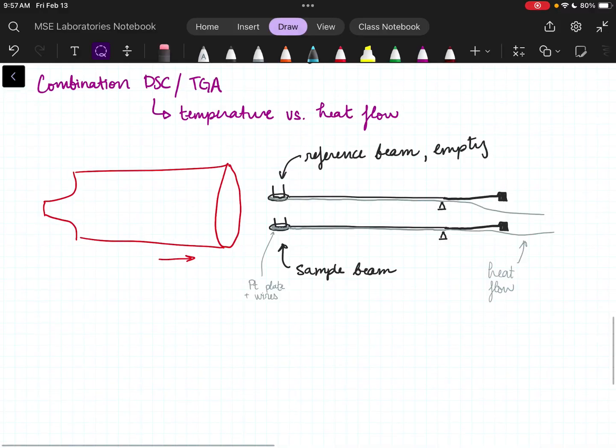And like I said, this is a platinum plate and wires.